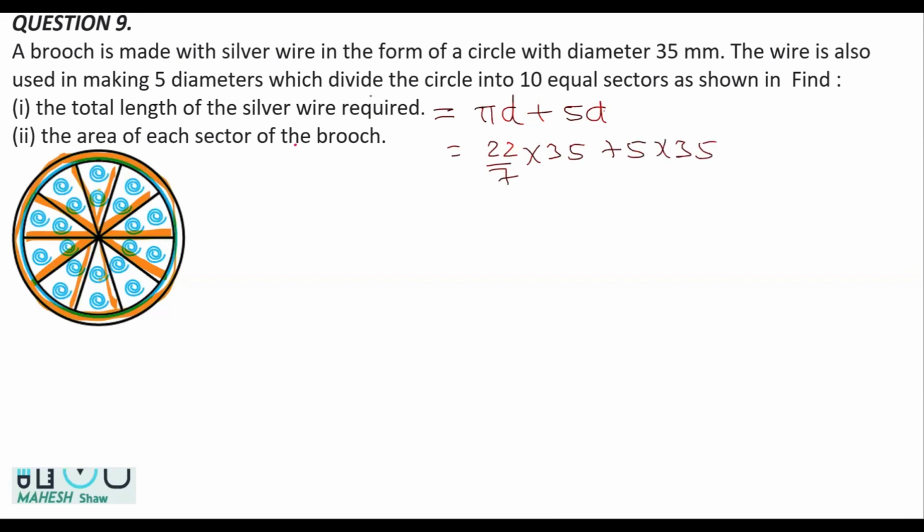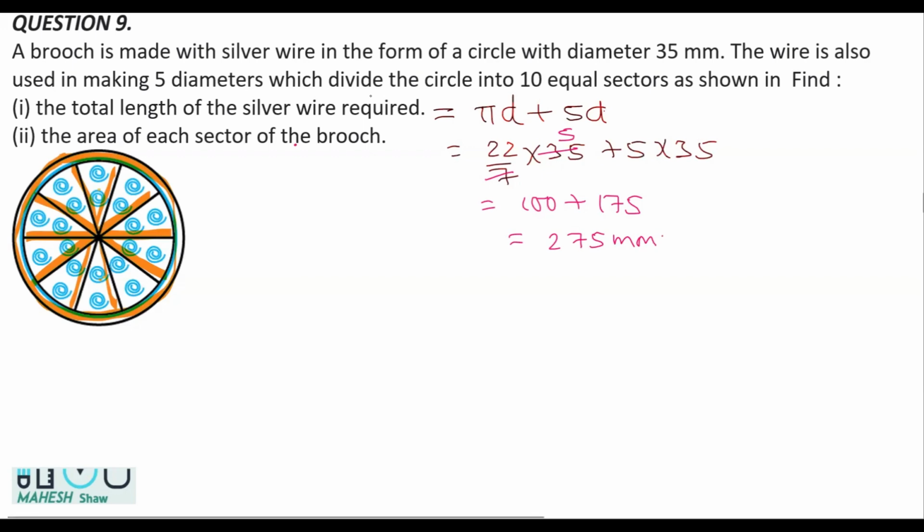I can reduce this. So this is 110 and this is 35 into 5, which is equal to 175. So it should give you 285, right? Yeah, 285 mm. No, 275, 100 added.